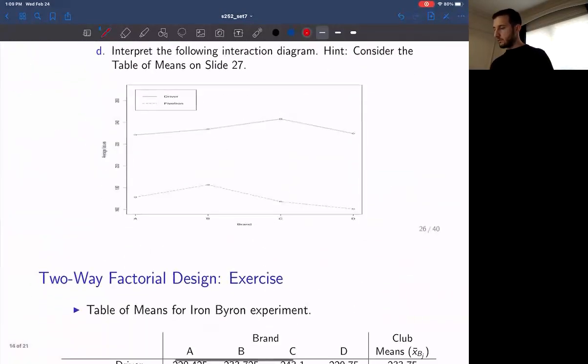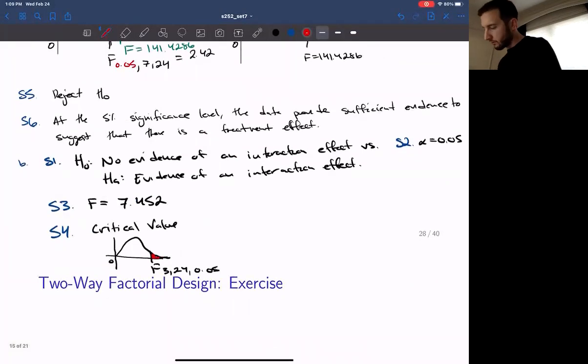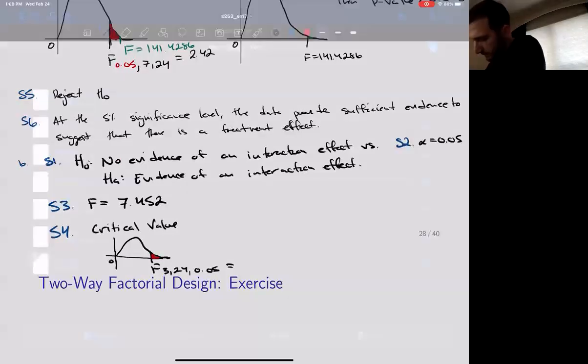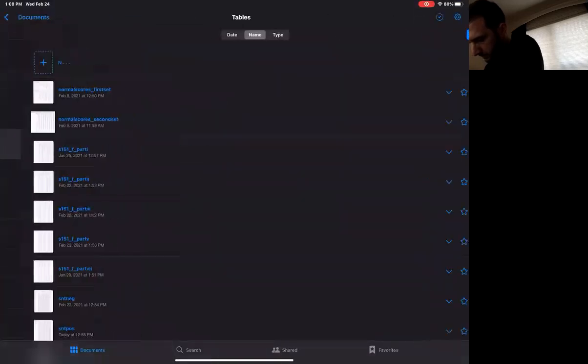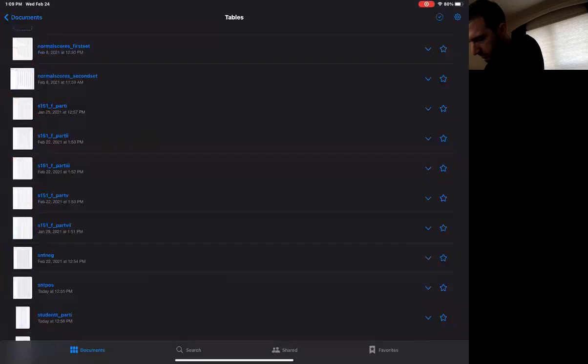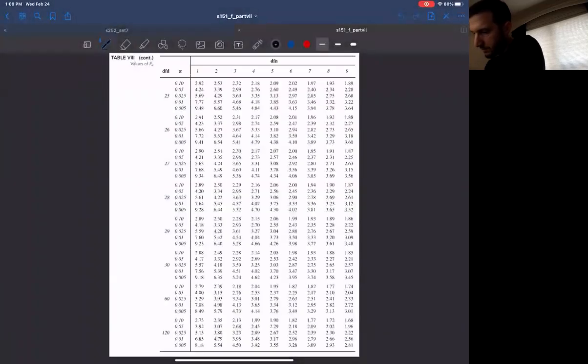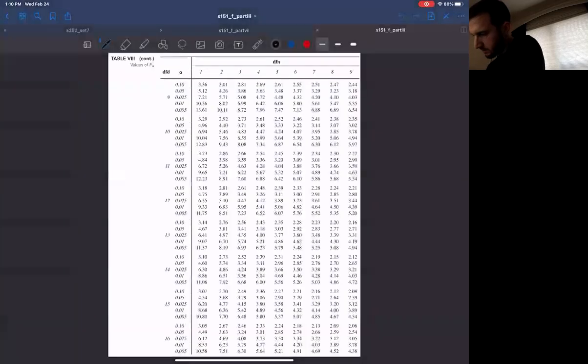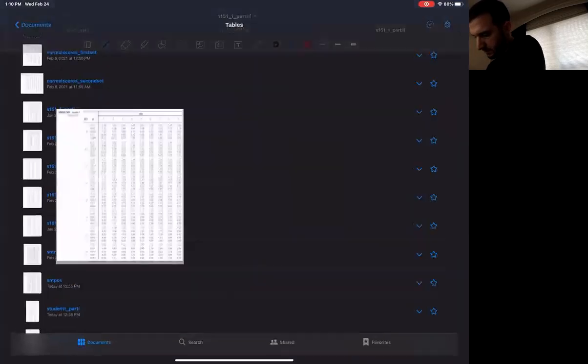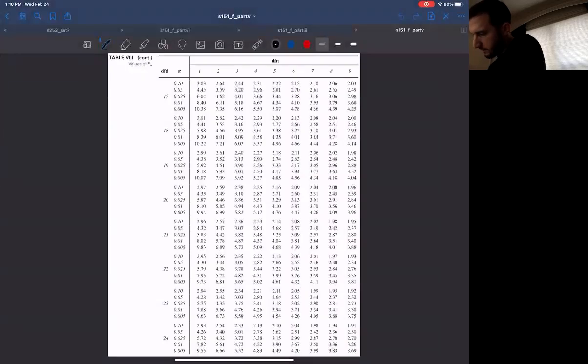Okay, so now we have to look up this critical value. We need an F table that's going to give us 3 and 24. Oh, page 5. Sorry. Okay, there we go.